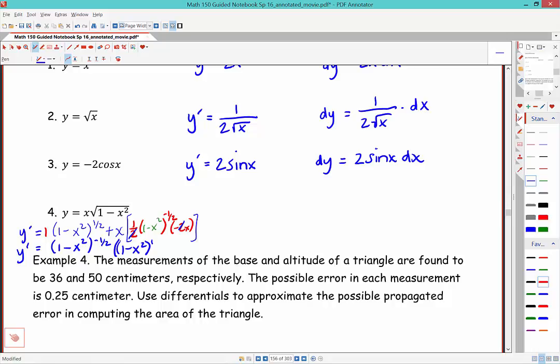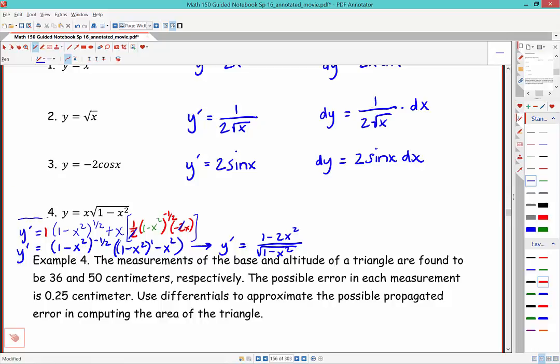And then minus x squared. So y prime is going to be 1 minus 2x squared over the square root of 1 minus x squared.